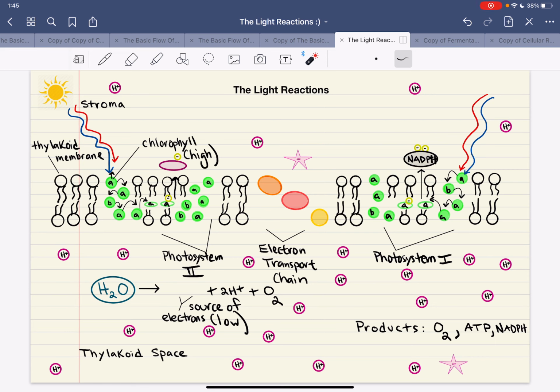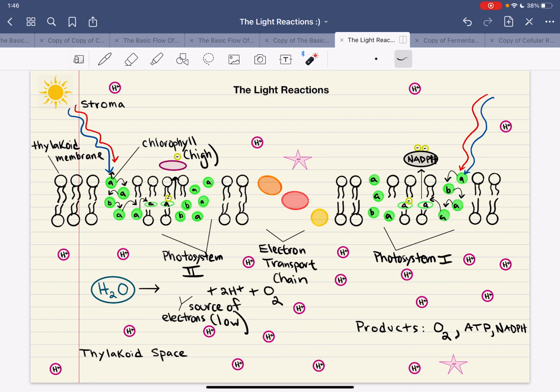In stage 2, the Calvin cycle, which we're going to talk about in a moment, NADPH is going to transfer these electrons, in a sense, to carbon dioxide, thereby building a bigger molecule, glucose. So we're going to use these high energy electrons to form new bonds and to build a bigger, more complex molecule.